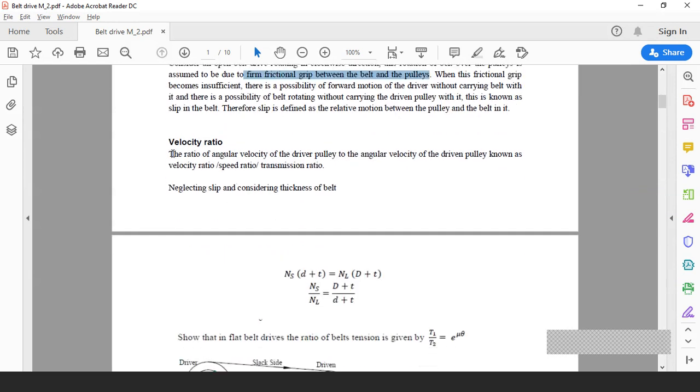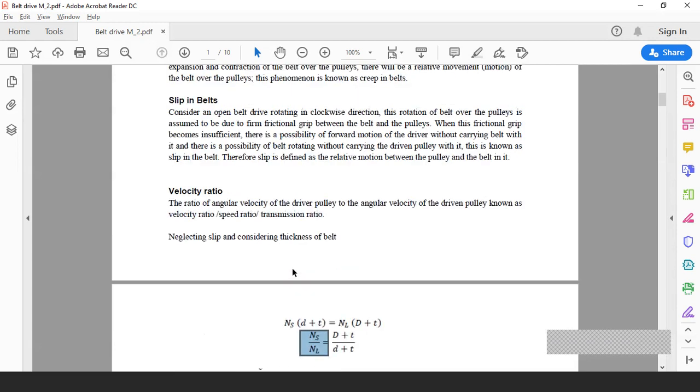Next, velocity ratio, which we know already. That is the ratio of the speed of the driver to the speed of the driven, written here as Ns divided by Nl. Ns is the speed of the driver, usually the smaller pulley. Ns is the notation for the smaller pulley, and Nl is the speed of the larger pulley.